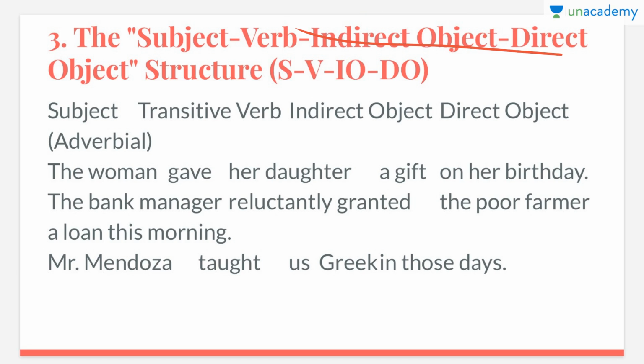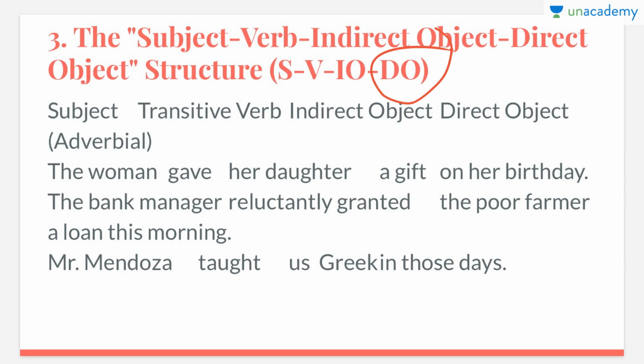We call this SVIODO. IO stands for indirect object and DO stands for direct object. Do learn this formula. By this you can learn easily and make sentences more vastly.